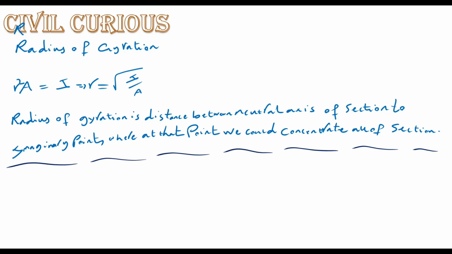Okay, for example, we have a rectangular section here that has two axes. One dimension is t and another dimension is b.